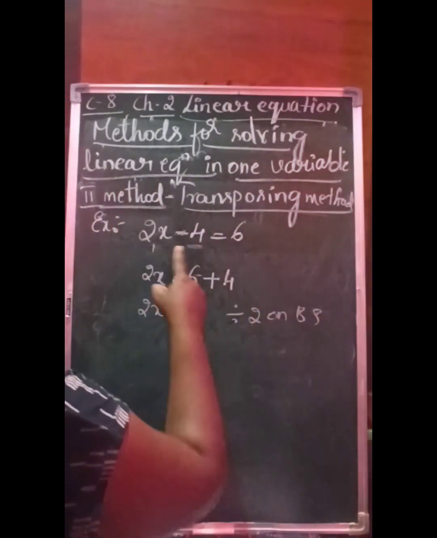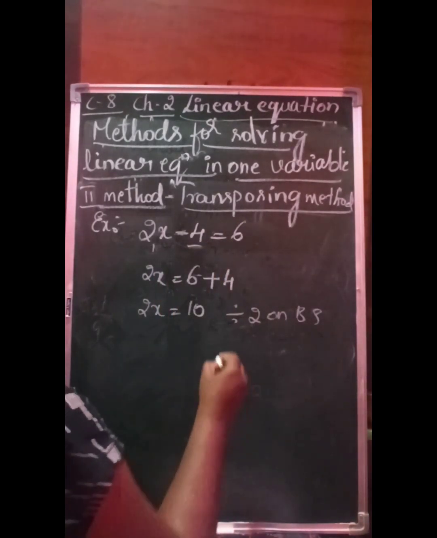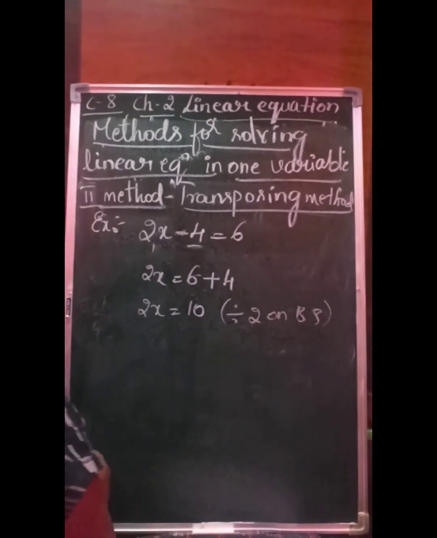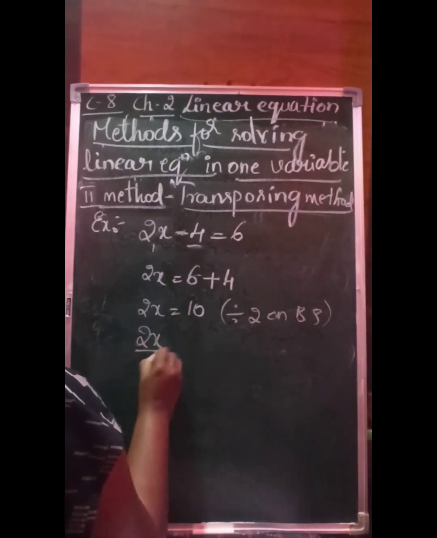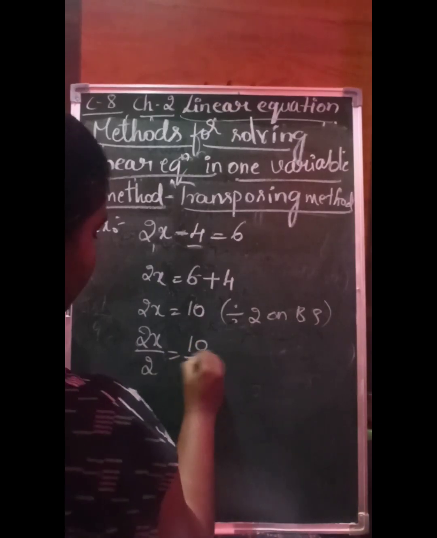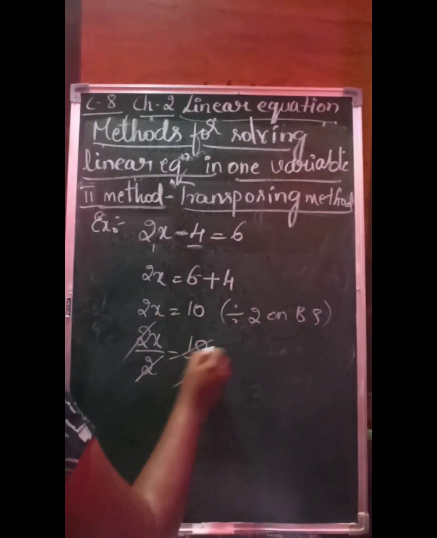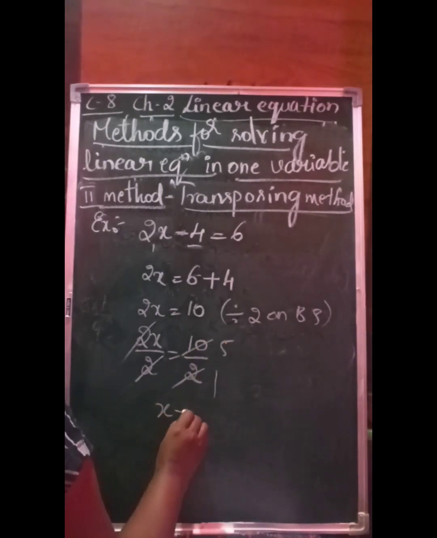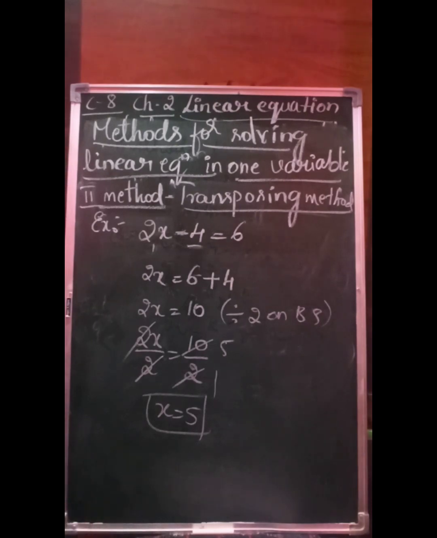First step, transpose the other term to the right hand side; then in the next step, divide. So 2x divided by 2 equals 10 by 2. 2 will get cancelled, 2 ones are 2, 2 fives are 10. So x equals 5. This is the second method, the transposing method.